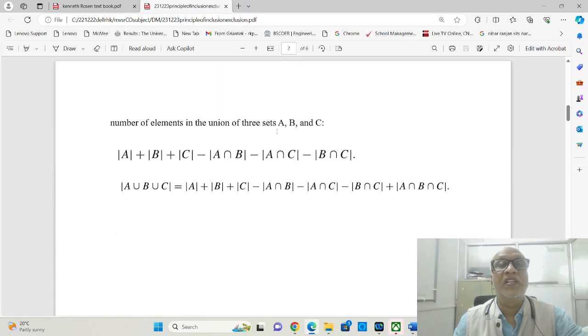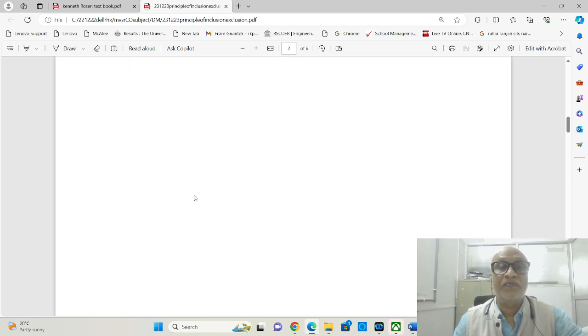Now let us assume there are three sets, set A, set B, set C. For this, the number of elements of union of A, B and C, the three sets, will be number of elements in A, number of elements in B, number of elements in C, minus their intersections of all the three sets combinations, A intersection B, A intersection C, B intersection C, plus A intersection B intersection C. So this is the formula which we have to stick to for three sets.